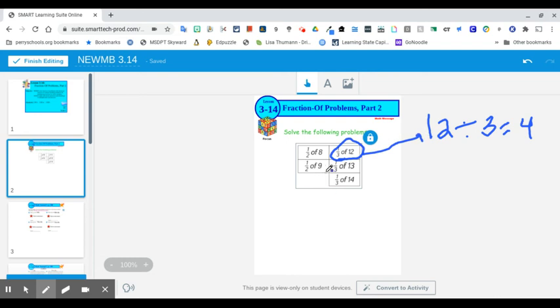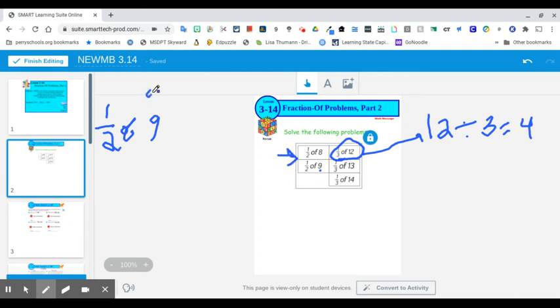Now, moving on to the next 3, it's a little bit more challenging because we aren't working with even numbers here. So we want to think of 1/2 of 9. I cannot do half of 9. I can do half of 8, and I can do half of 10.